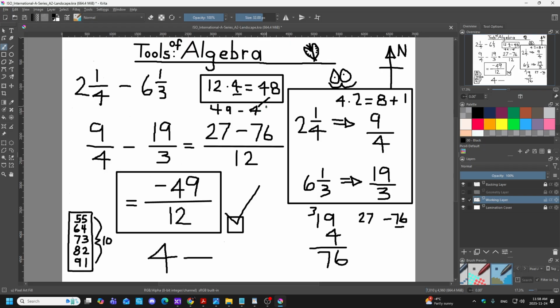Oh, it would be so nice to have a pen tablet. Which obviously gives us 1. Don't forget your sign as well. Let me clean this up. You get the idea. I'm going to put a negative in front here. Our denominator is unchanged. And there we go.